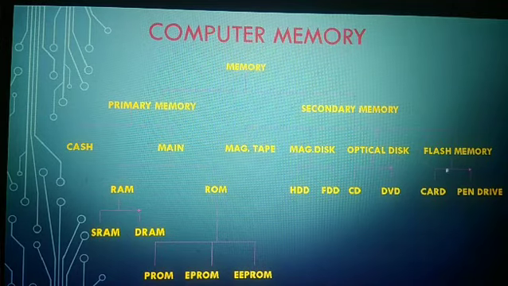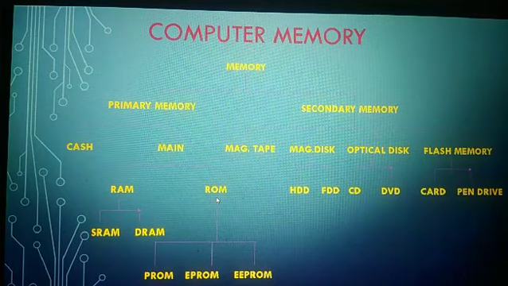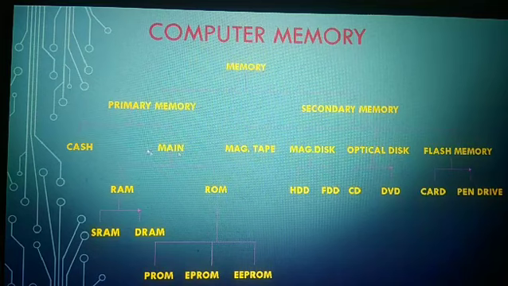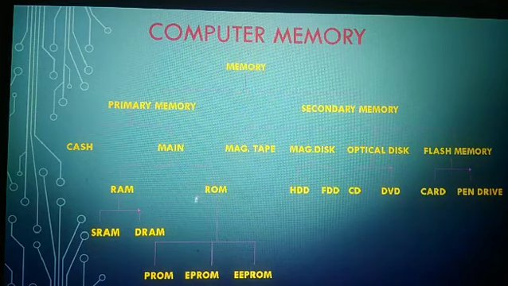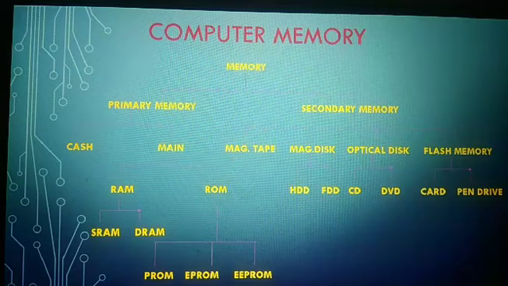ROM. Our next primary memory, and also we can say it's main memory. So we will discuss about ROM. ROM stands for read only memory. So we can only read this data.